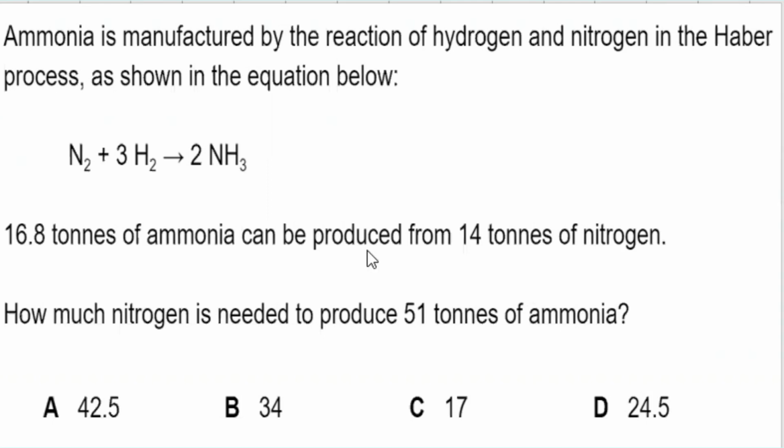Here we have the amount of the product, 16.8 tons of ammonia produced from 14 tons of nitrogen. How much nitrogen is needed to produce 51 tons of ammonia?